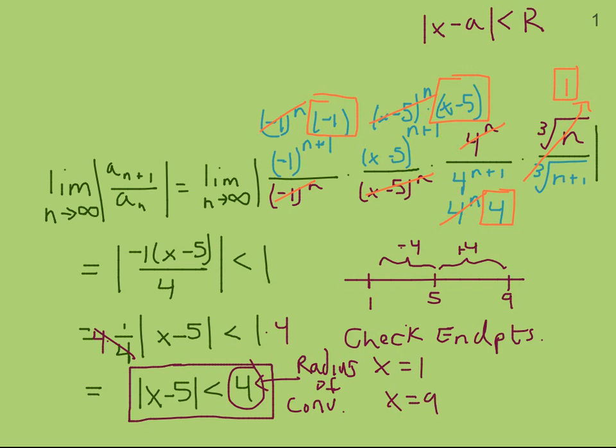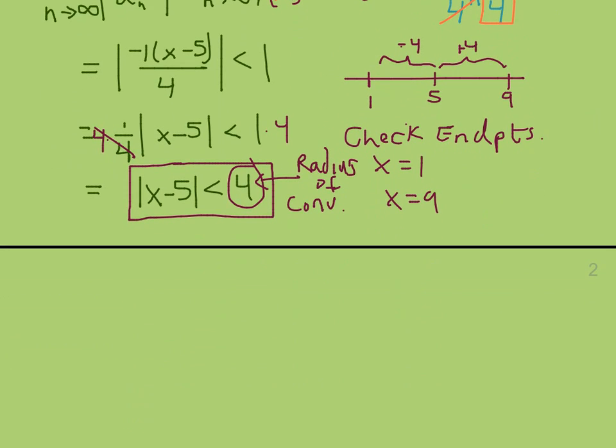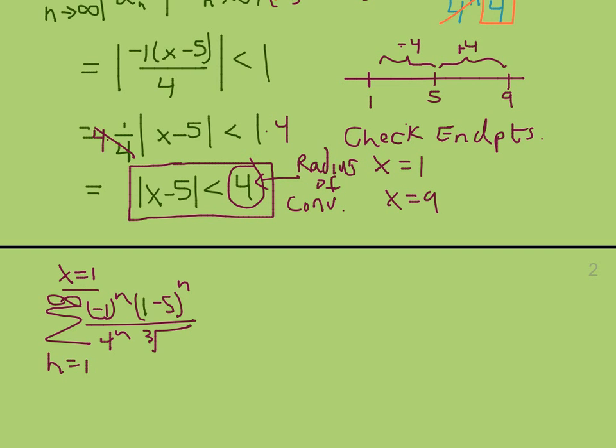When x is 1, we'll have the summation n equals 1 to infinity, negative 1 to the n, 1 minus 5 to the n, and a 4 to the n in the denominator and the cube root of n.